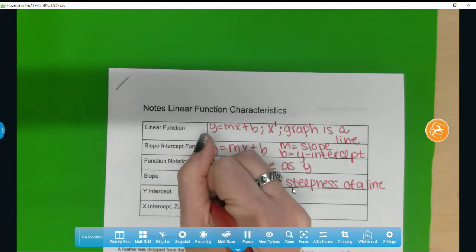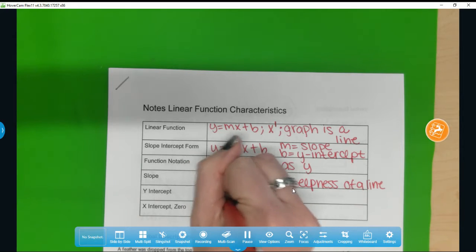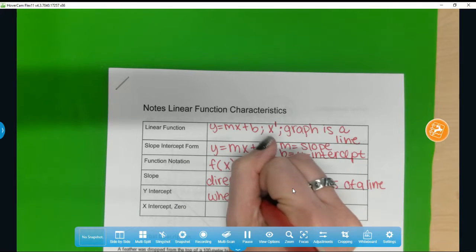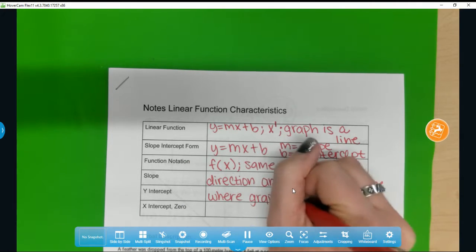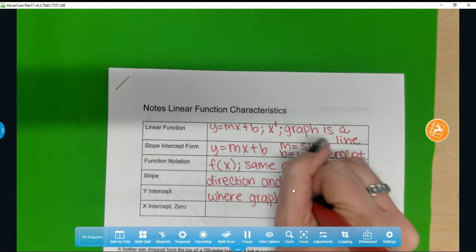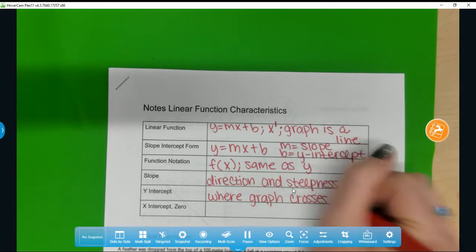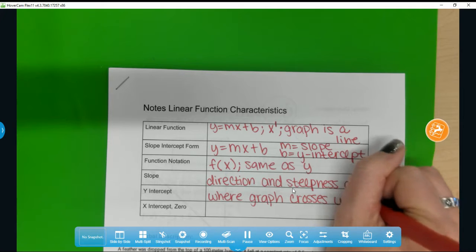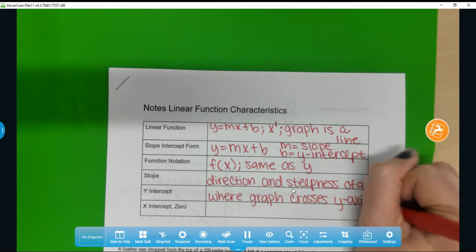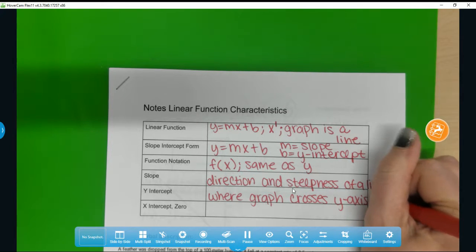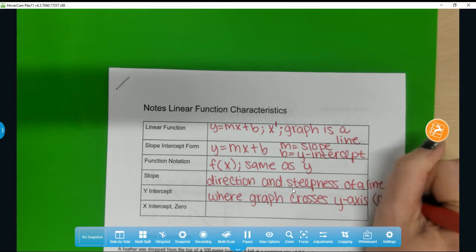The y-intercept is where the graph crosses the y-axis. So the point would always be 0 and then a number.